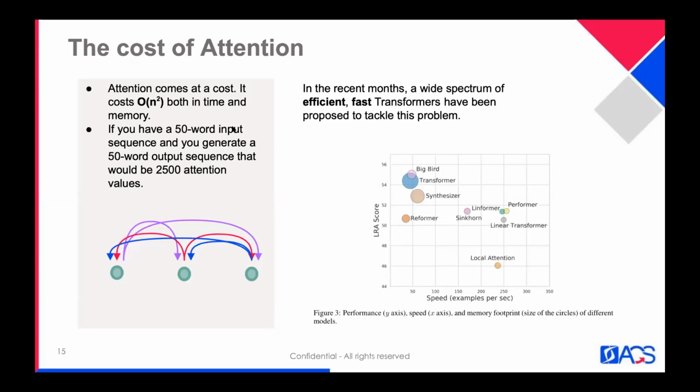So maybe we can do something, and there are many papers that try to solve this problem. And these are the main models that try to be efficient and fast. But actually, we would like to have a small circle here, and we don't have it.